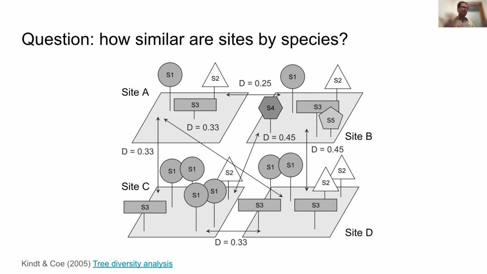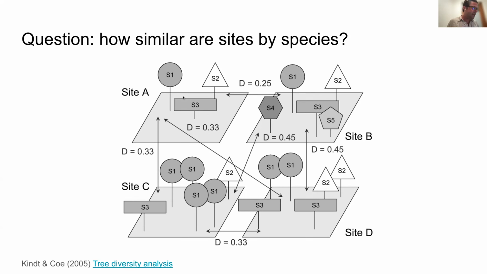But today, when we're talking about clustering, we're going to use some of these hierarchical clustering techniques with species composition across these different sites. This is a kind of complicated diagram from the reading from this online book, Tree Diversity Analysis. All these different shapes are supposed to be different species, and for each site we have a different count of each of these species.